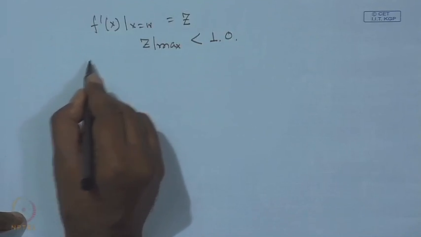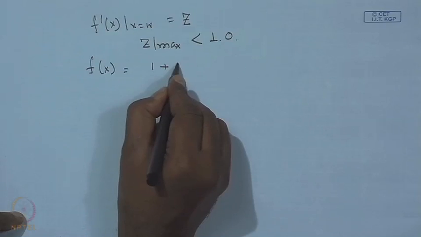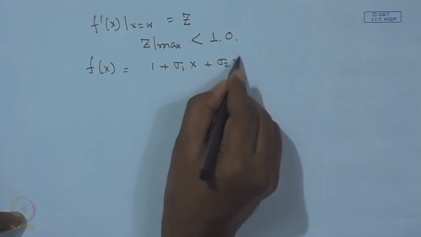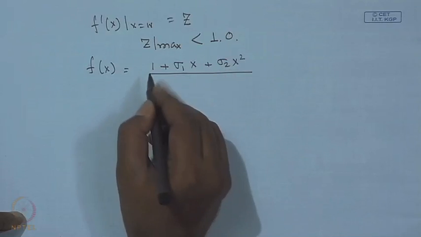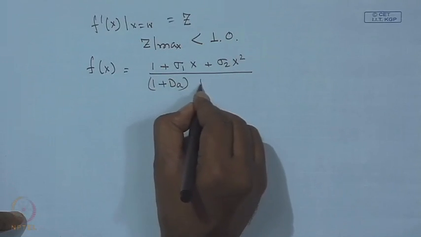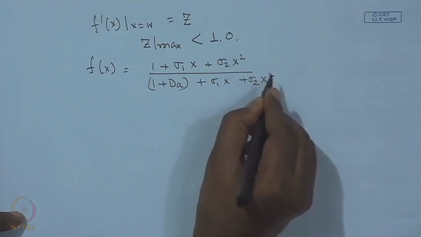So, f(x) is equal to 1 plus sigma 1 x plus sigma 2 x square divided by 1 plus dA plus sigma 1 x plus sigma 2 x square.